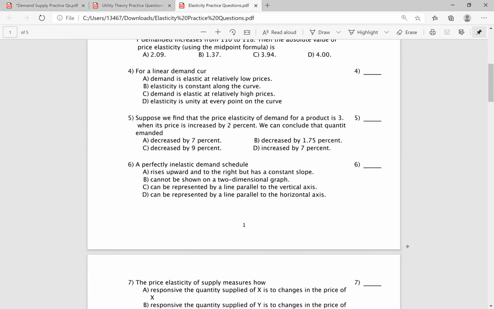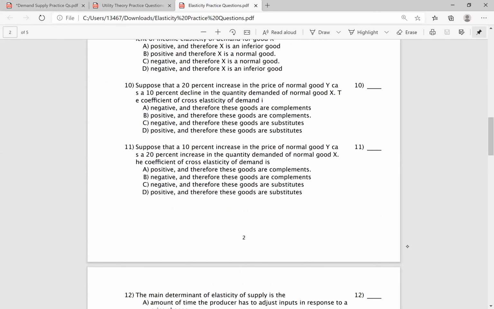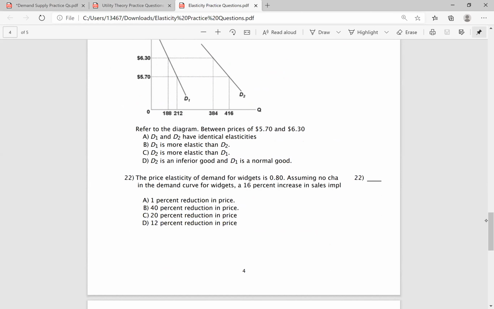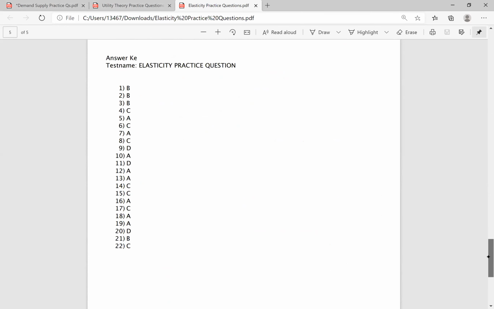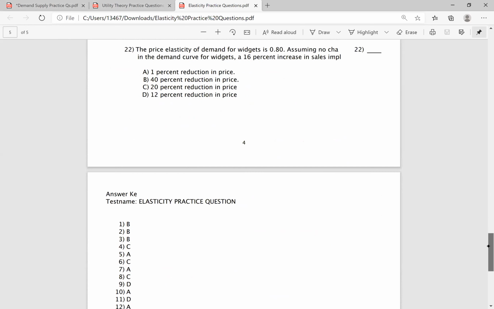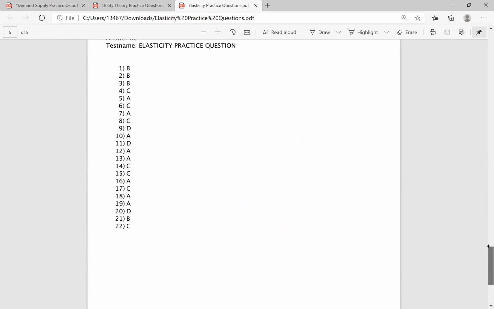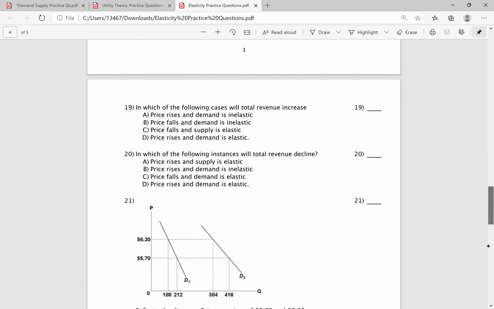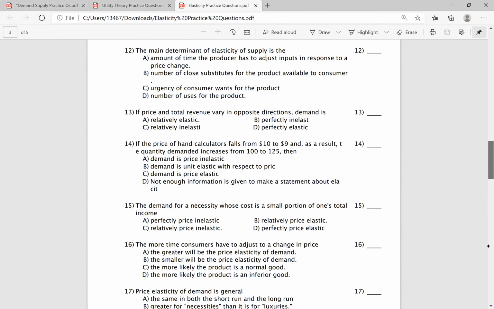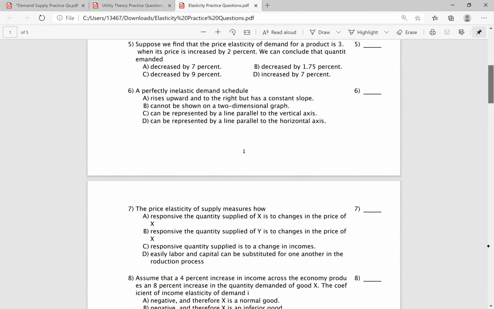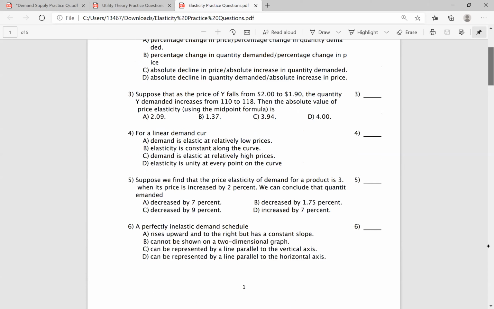And I'm going to show the class something. The answers are given for this chapter. If you scroll down all the way, you'd see the answers. But I want to give you an idea of how to look at these problems.